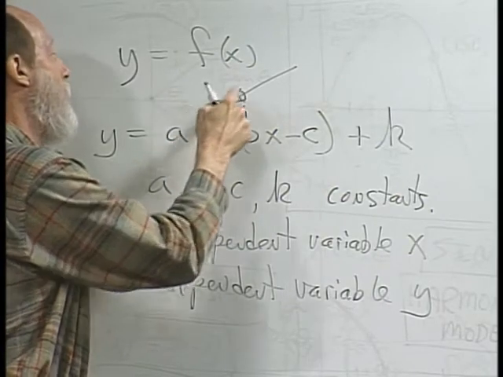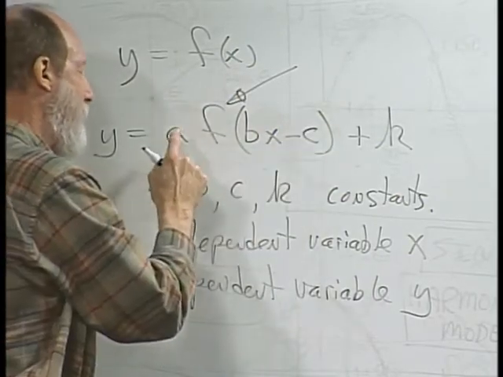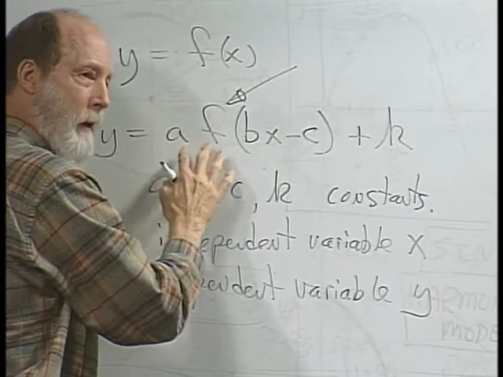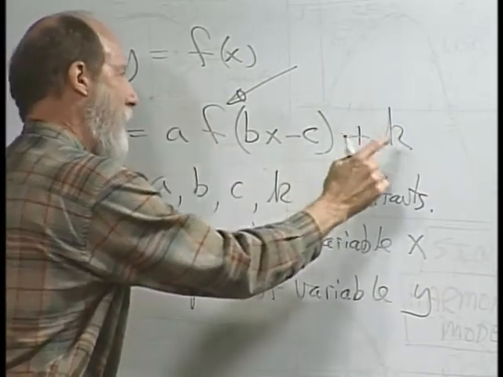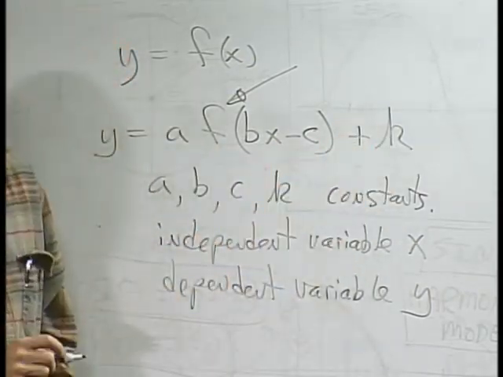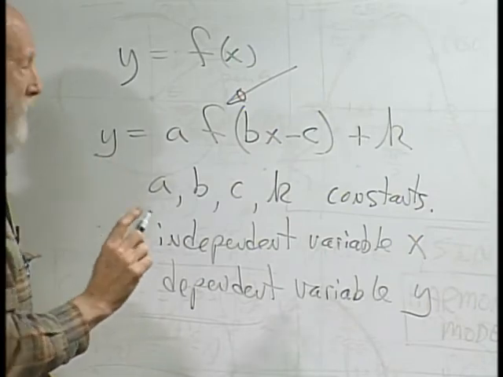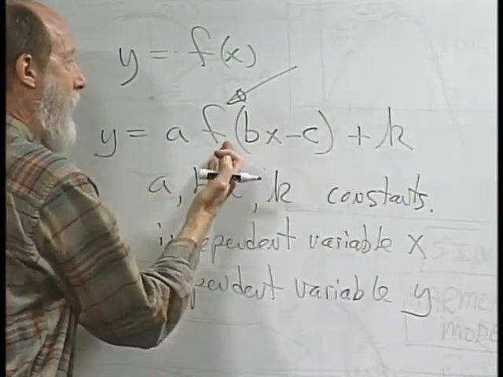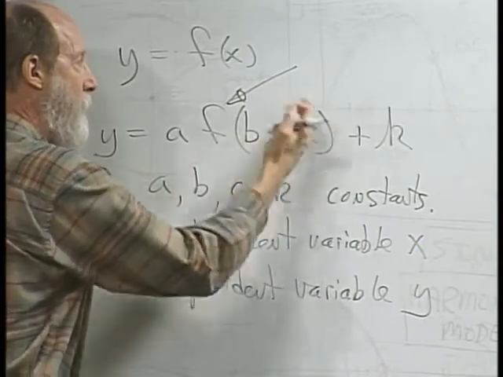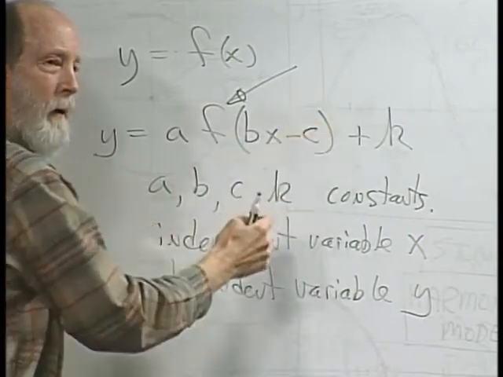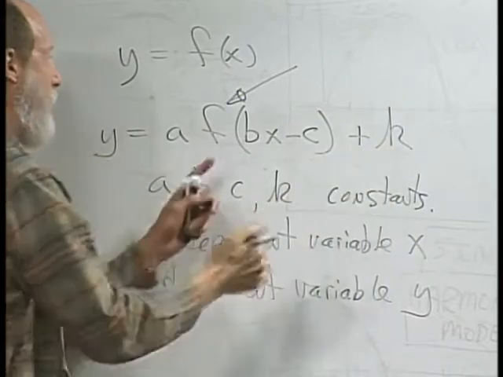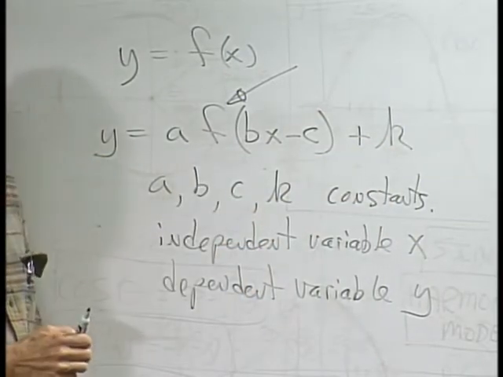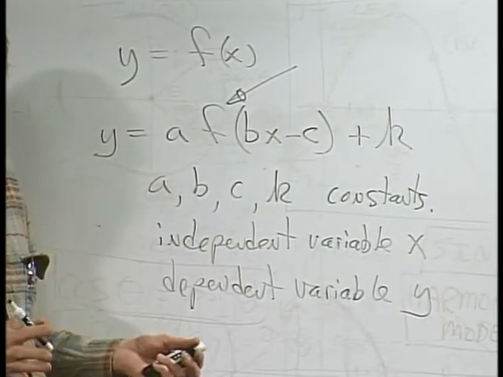And then you're going to multiply that result times a, and then finally you have all of this, you then are going to add k to it. What's important to remember is that a and k are outside of the input portion. The a and the k are separate from f. Feel good?